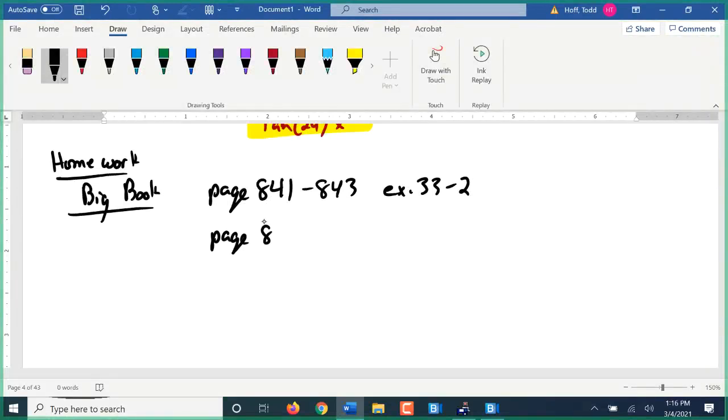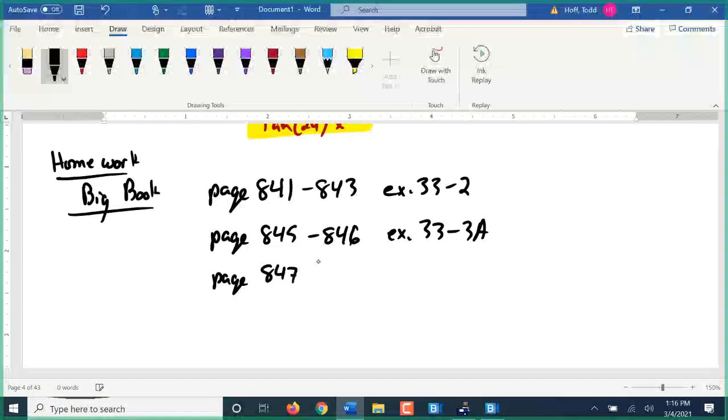Page 845 through 846, exercise 33-3A, and page 847 through 848, exercise 33-3B.